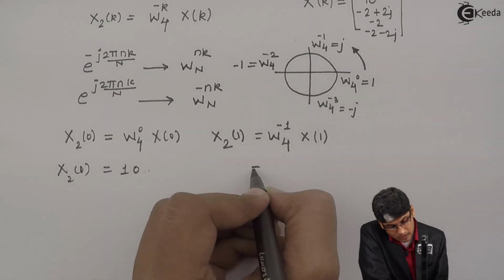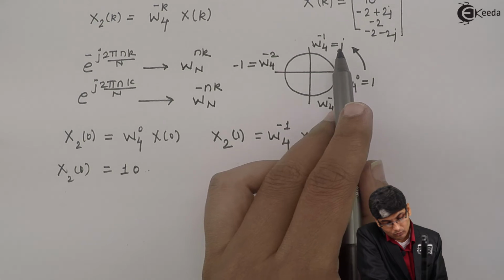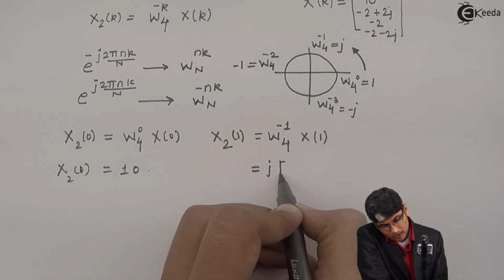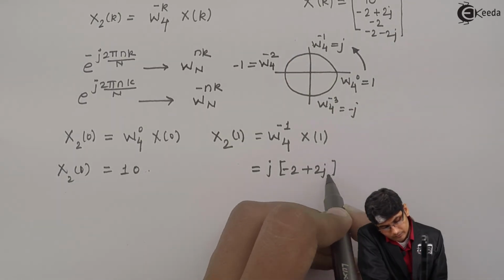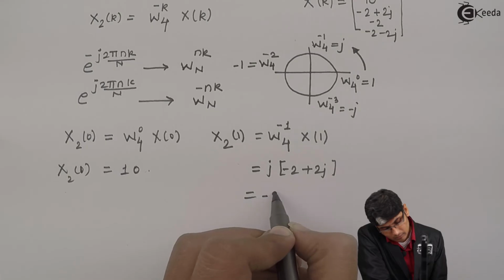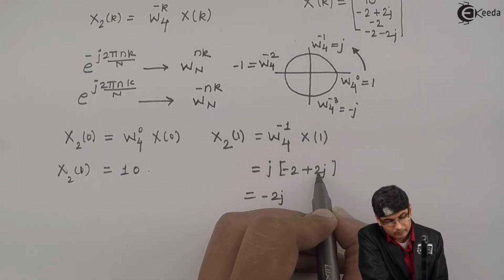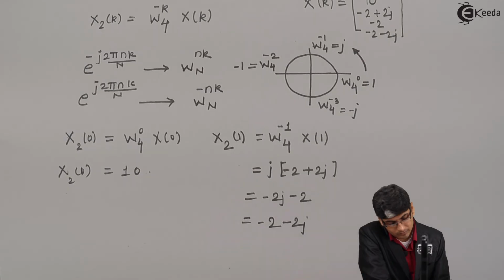So then W_4 raised to minus 1 is j. So I will have j times X of 1, which is minus 2 plus 2j. Multiplying, I will get minus 2j, this will be plus 2j square, which is minus 2. So I will get minus 2 minus 2j.